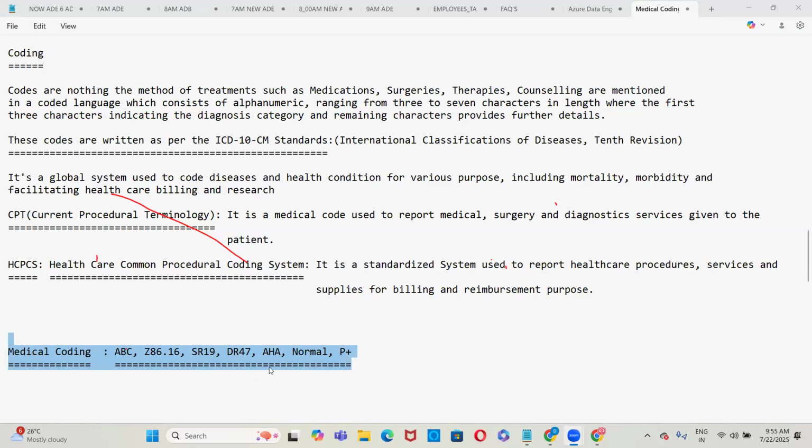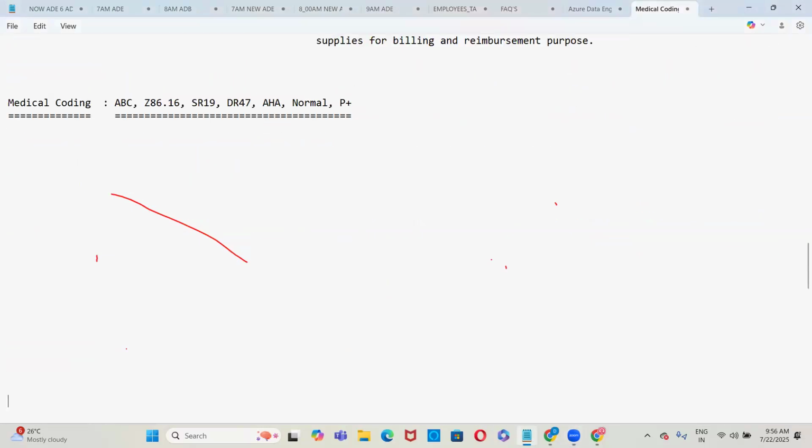Even they require this data, guys. So for them, we are the medical coders who are going to code it. And now, guys, what are the types of medical coders you have? You have two types of medical coders, guys. What are the two types of medical coders? One is the certified medical coder.